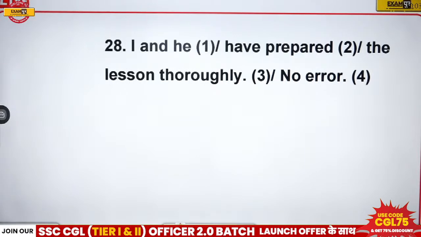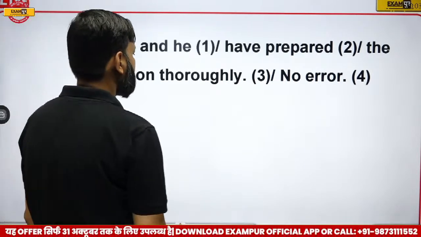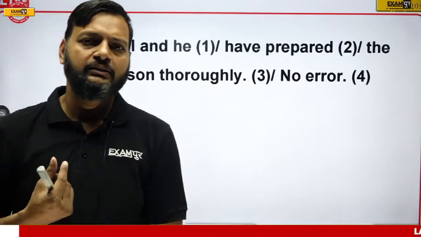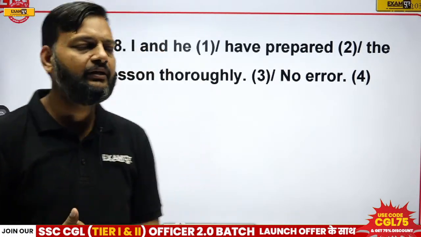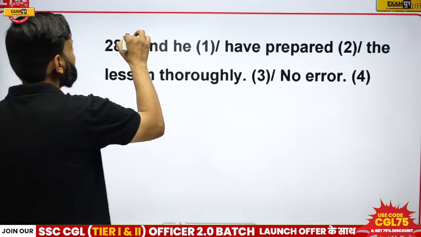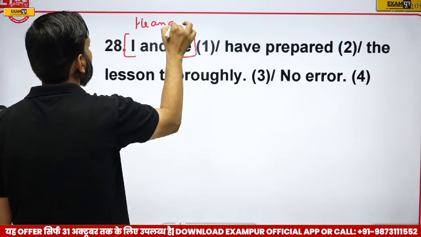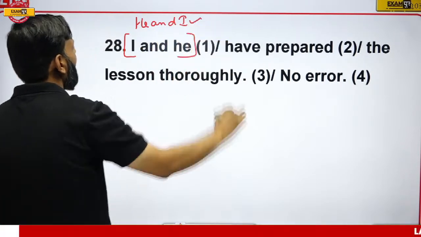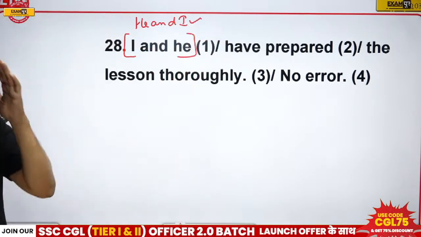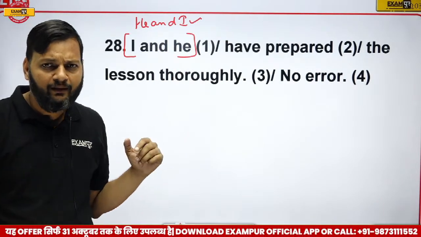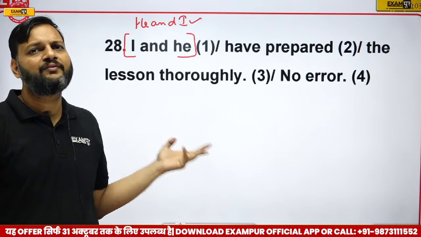See, I have told you several times that the sequence of more than one subjective pronoun should be second, third and first person. So here I and he will be replaced by he and I. This is a very easy concept and we have discussed this concept several times.